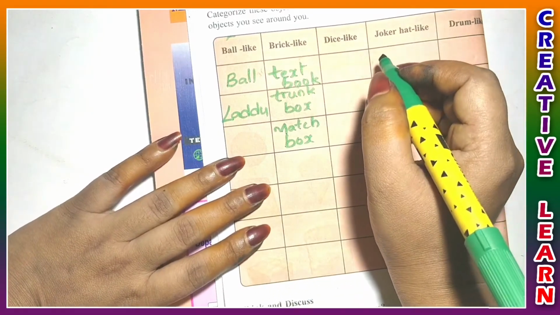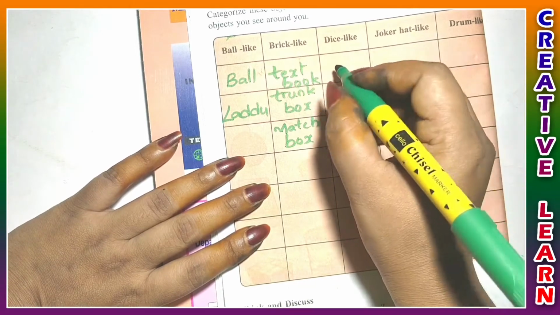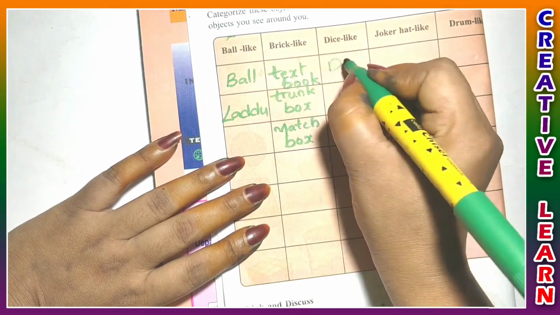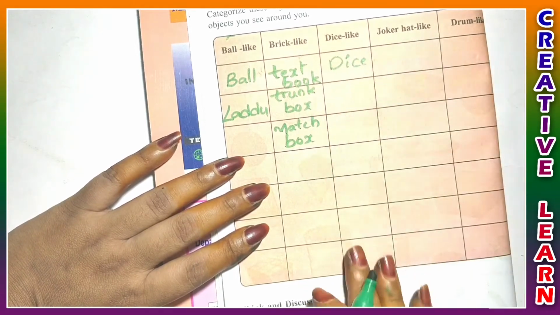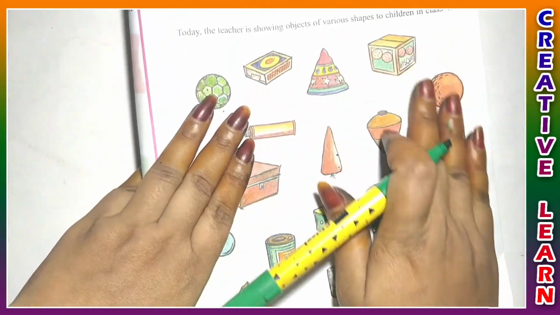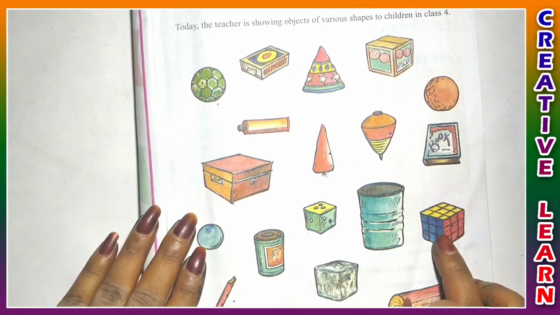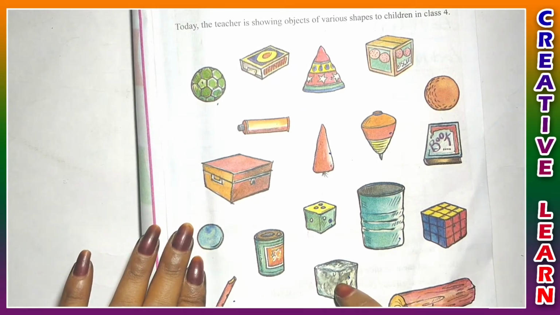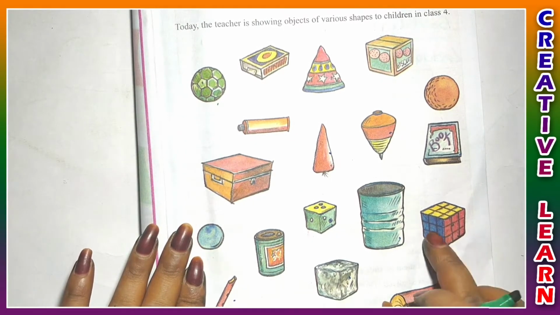Next, dice like. Dice, and here ice cube, cube.